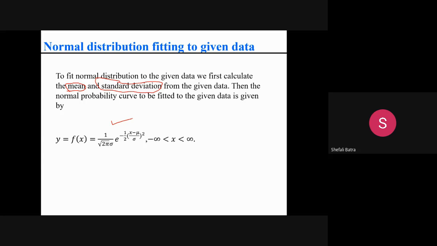You just have the idea how to fit the data. It is not in your syllabus basically. Likewise, you are doing the fitting in binomial and Poisson. Similarly, we can do it for the normal distribution. But the difference is that in that case, we were using only mean and probability. So here you need to find out the standard deviation also, and in a similar way you can calculate it, right?